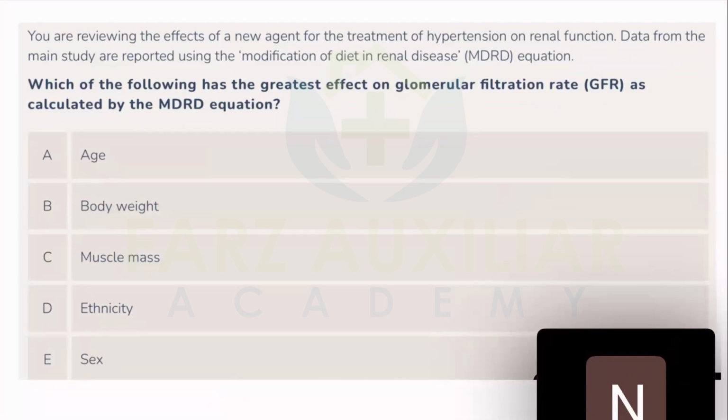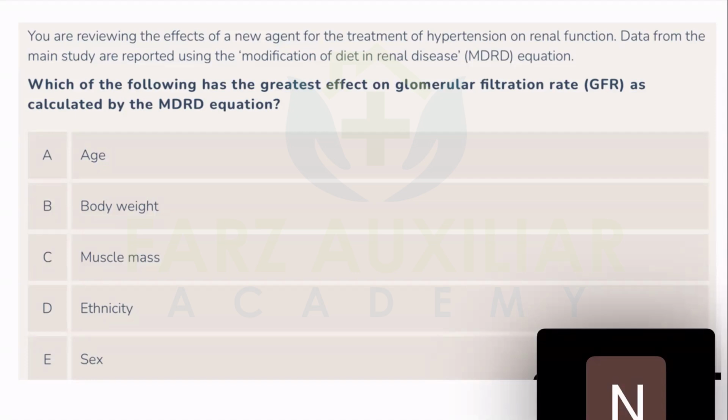Because in the MDRD equation, what we have said is muscle mass, right? Suppose in the ICU there is an 87-year-old male patient whose body weight is 37 kg and his creatinine is 1.1. Another patient, a 37-year-old male, 70 kg body weight, has a serum creatinine of 1.1.